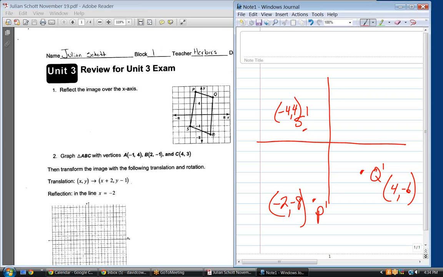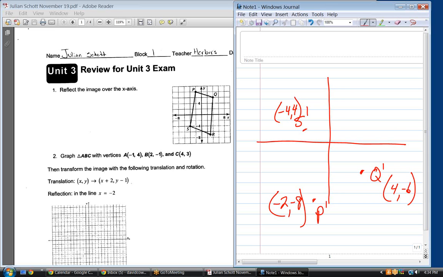And R prime. The coordinates on R are currently what? That's kind of in the middle of the box. Yeah, I would put it exactly in the middle. So like 4, -6.